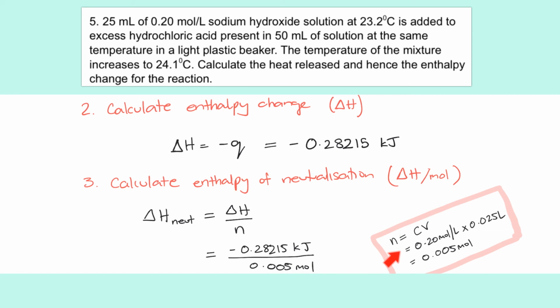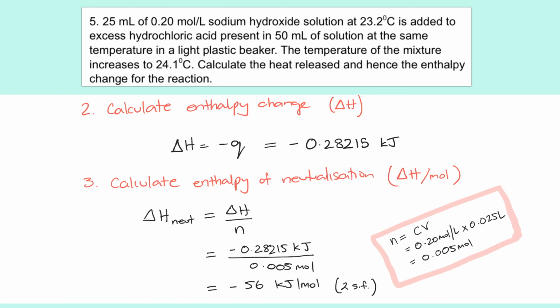So we use n is equal to cV and we get 0.005 moles of sodium hydroxide. We substitute that in and we find that we have minus 56 kilojoules per mole, and we take that to two significant figures because we have got 0.20 moles of sodium hydroxide as being the least precise of the information that we are given.